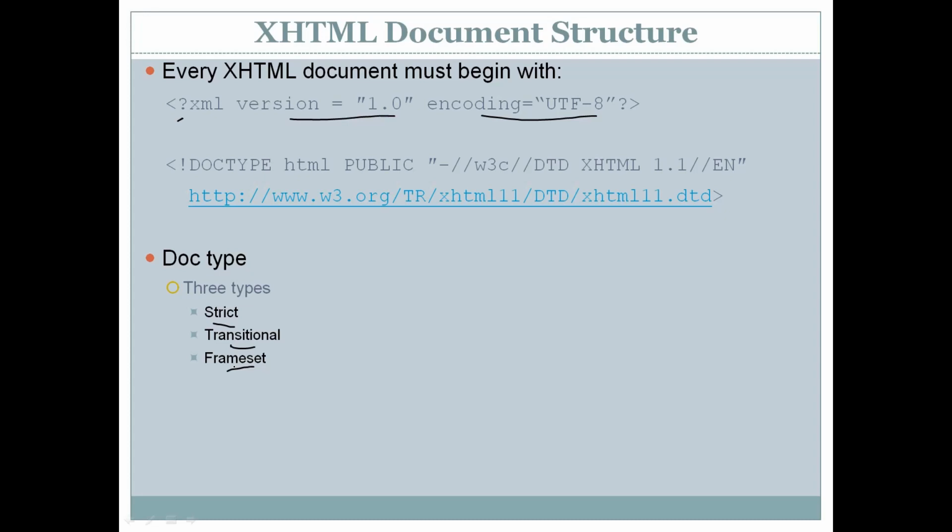Deprecated tags and elements cannot be used if you are using a strict DTD, but those elements are supported by the transitional DTD. Okay, so that is the document type definition, and that has to be included in every XHTML document.